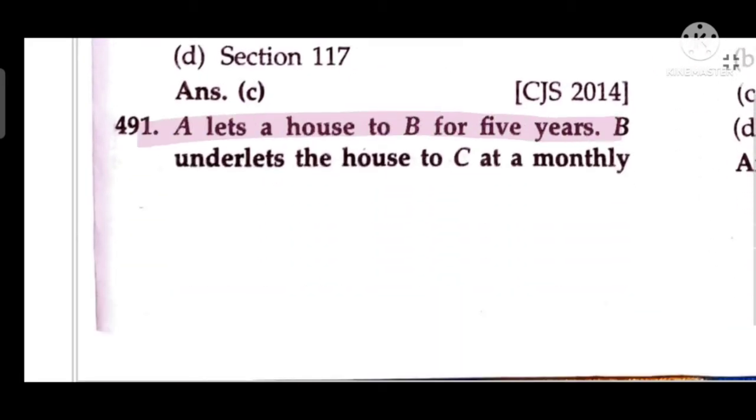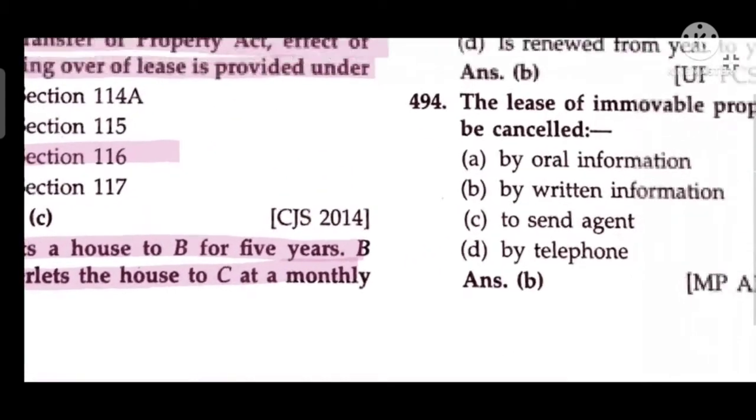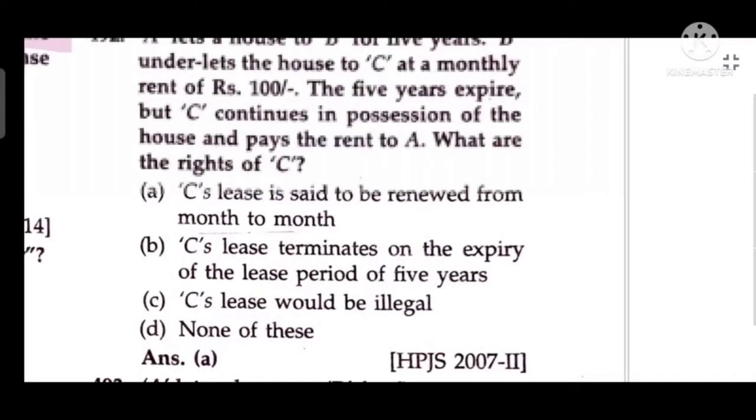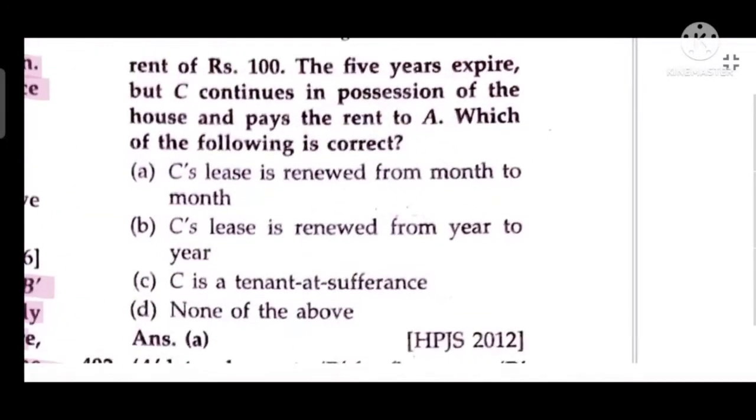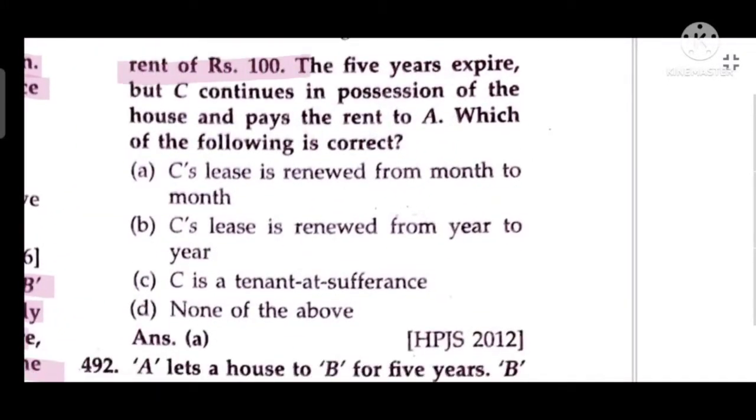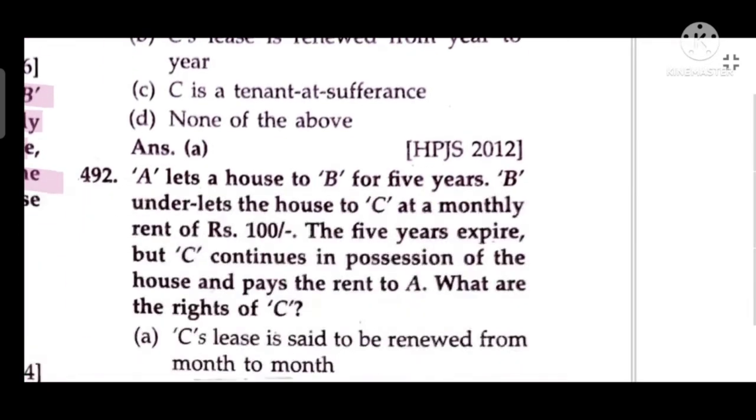A lets a house to B for 5 years. B underlets the house to C at a monthly rent of ₹1000. The 5 years expire, but C continues in possession of the house and pays rent to A. Which one of the following is correct? C's lease is renewed from month to month.